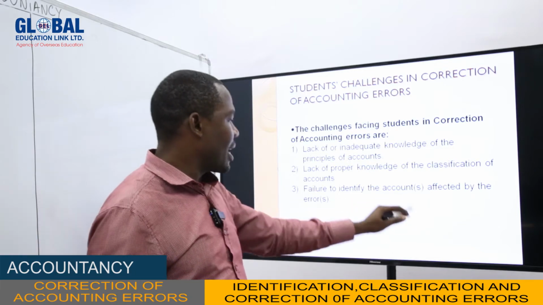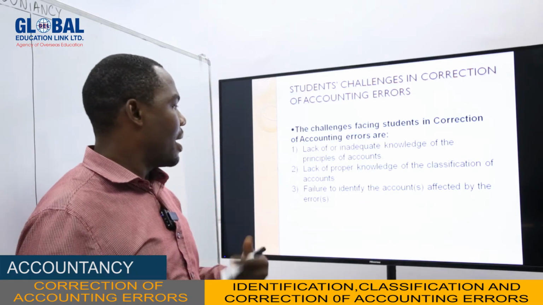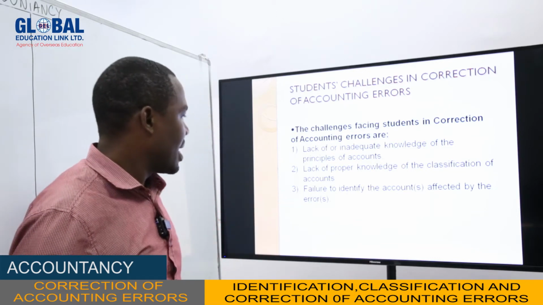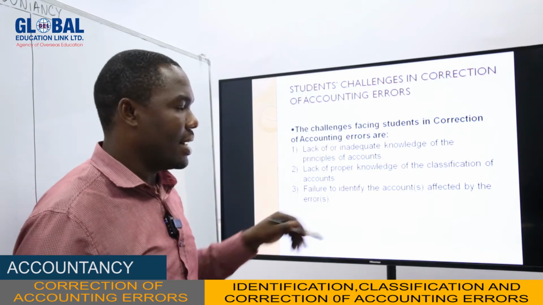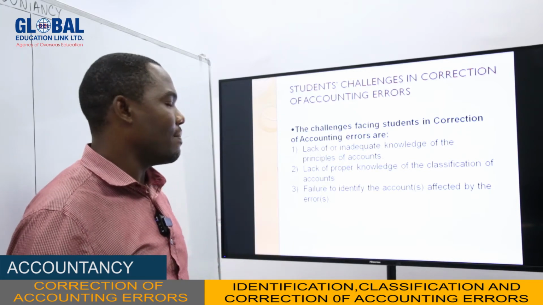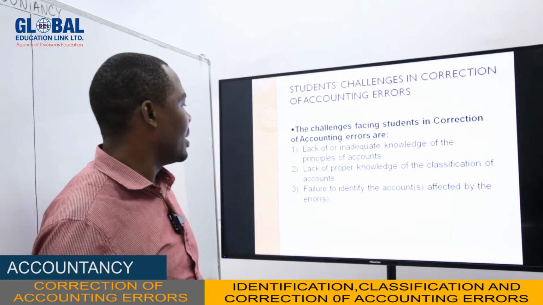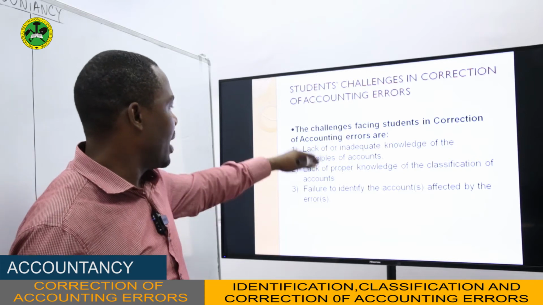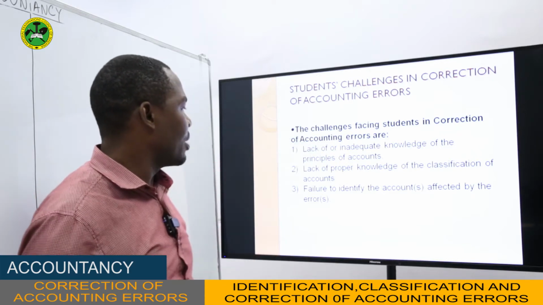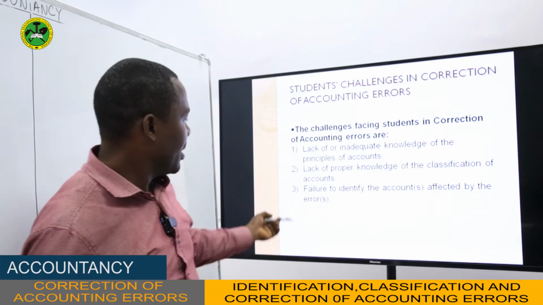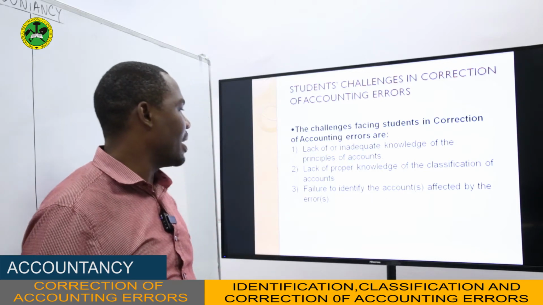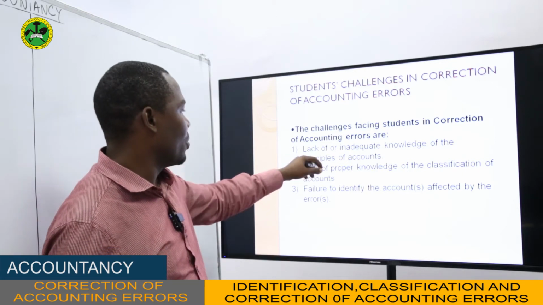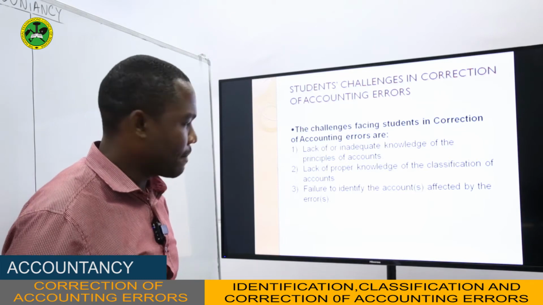If you fail to identify the accounts and how the error affected them, then it will not be easy for you to tackle questions. But if you are aware of the principles and the classification of accounts, it will be easier for you to identify the accounts affected by the errors, because you know the principles and you know how to classify these accounts.